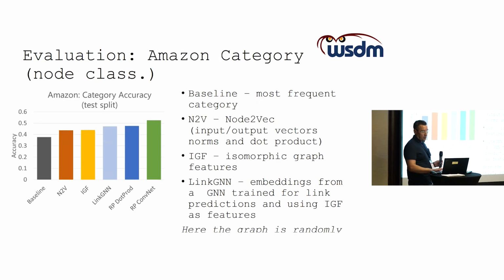On the Amazon category prediction, we see a similar picture, but ensembling does not provide a boost here, so it's not shown. And gains from RP.product are less noticeable compared to the link prediction.